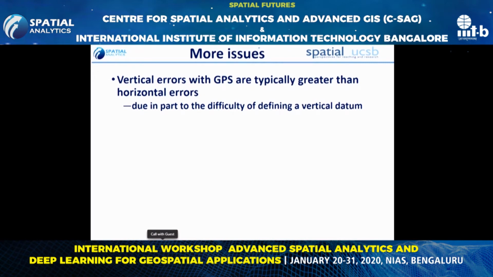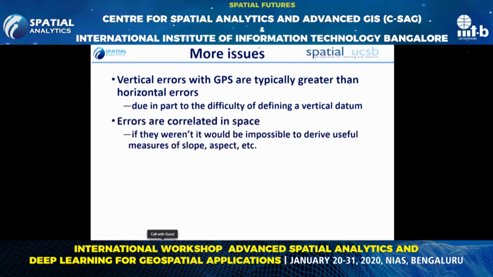For India, for example, the mean sea level on the Bay of Bengal is substantially different from the mean sea level off Mumbai. And that sort of issue is pervasive around the world. So there are additional uncertainties in GPS for the vertical errors compared to the horizontal errors.